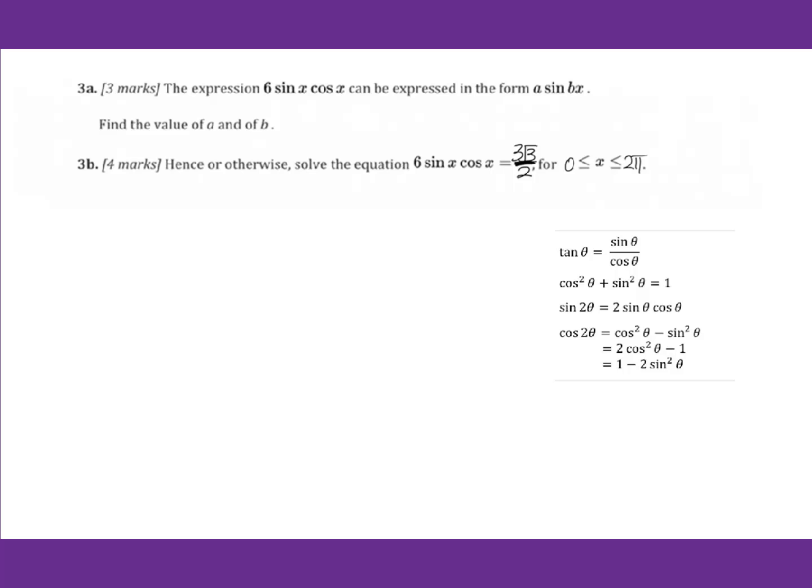Now let's go to one more question. The expression 6 sin x cosine x can be expressed in this form. Find the values of a and b. For sin x times cosine x, we can use this formula: sin theta times cosine theta equals 1/2 sin 2 theta.